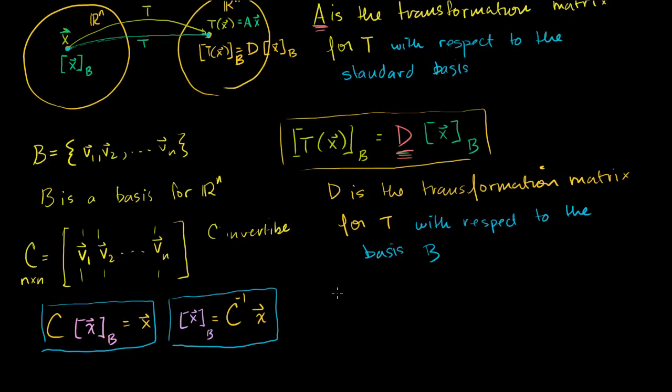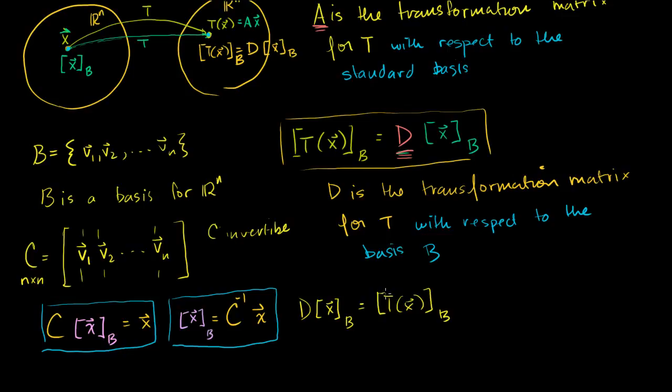Let's scroll down. I'll do it right here because I think it's nice to have this graphic up here. So D times xB is equal to the transformation of x represented in these non-standard coordinates, in coordinates with respect to B. We see that right there.